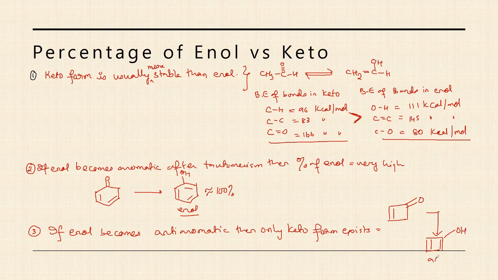Now this is anti-aromatic, and therefore this does not exist. This reaction does not take place. The percentage of this is nearly 100%. Okay, not nearly, exactly 100% keto. Okay.